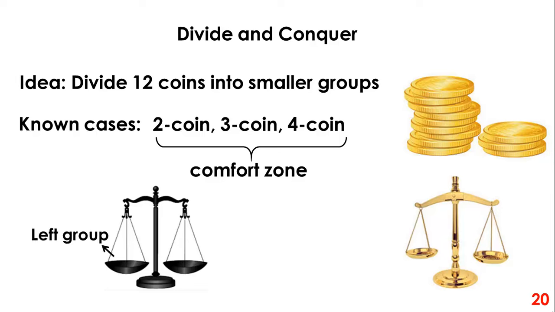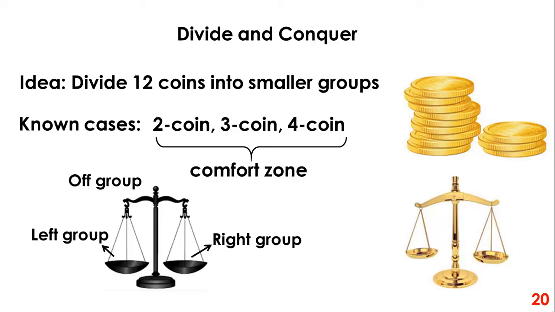The first group, the left group, is the coins you place on the left side of the scale. The right group. And the third group, the off group, not on the scale. So you will have these 3 groups.